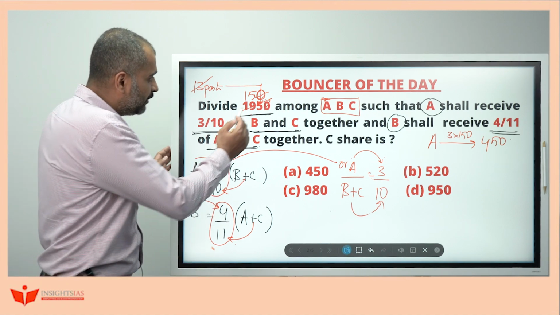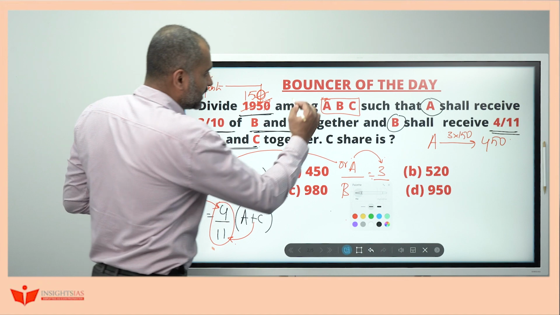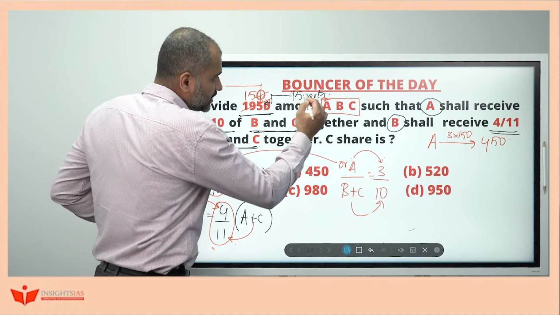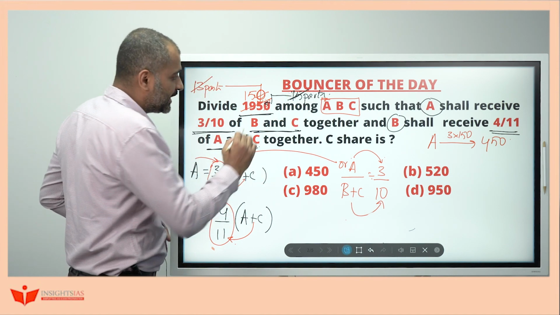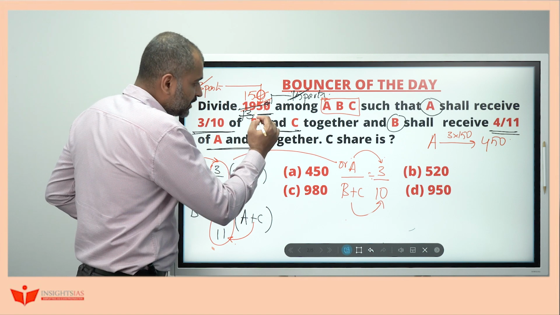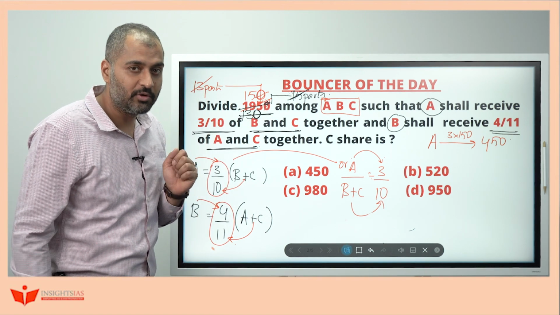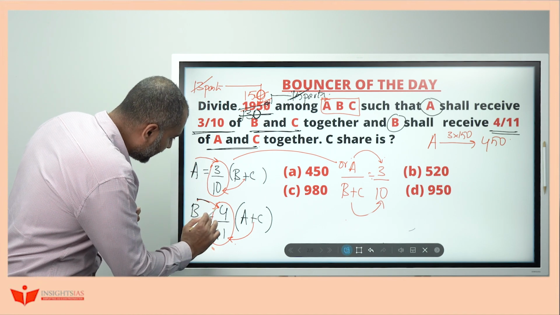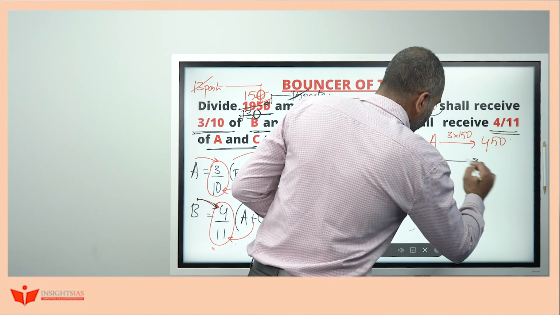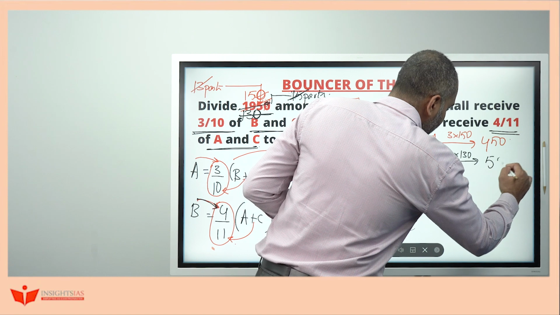If I divide 1950 into 4 plus 11, 15 parts, 15 into how many times? 15 into 13 is nothing but 195, and I am putting 0, so it is 130. One part value is equal to 130 and B is getting 4 parts, each part value 130. So, this is nothing but 520.